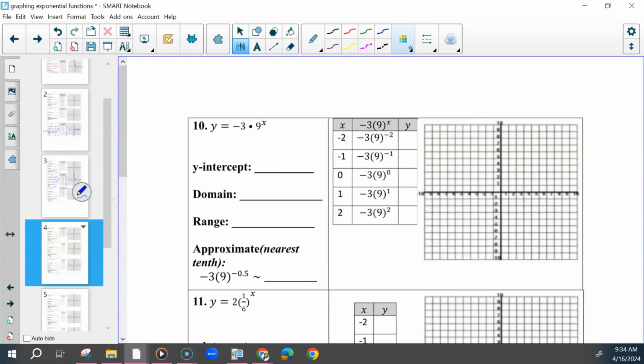So same process, do 9 to the negative second. Flip it, make the exponent positive, and then multiply by negative 3. You'll get a fraction, and you may need to simplify.